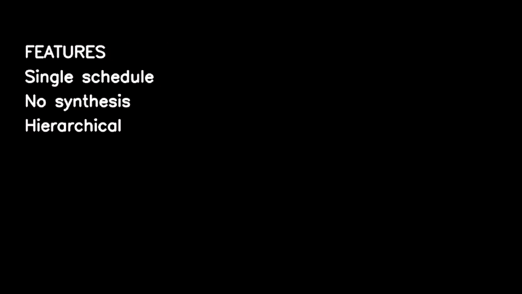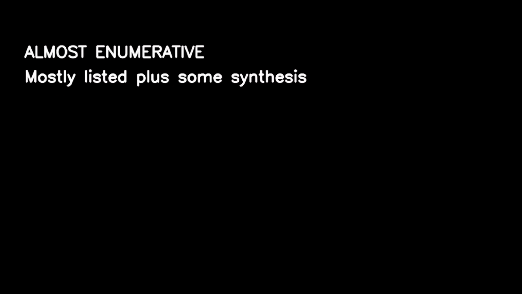Features are a single large schedule, ready-made class numbers, and no need to combine subjects. Limitations: it cannot easily include new subjects, is very bulky, and does not show relationships between subjects. Examples are Library of Congress classification and Rider's International classification. So, this system is simple but very rigid.